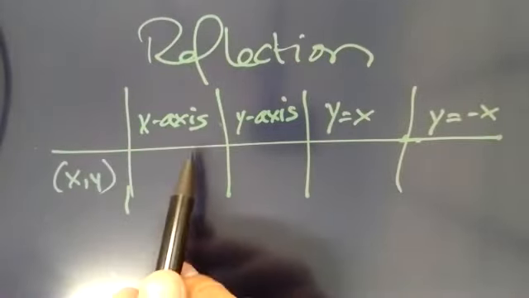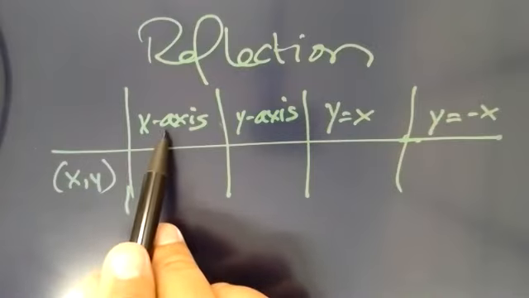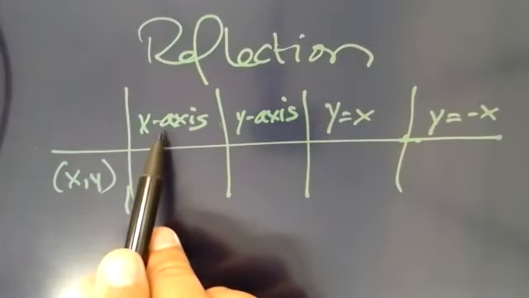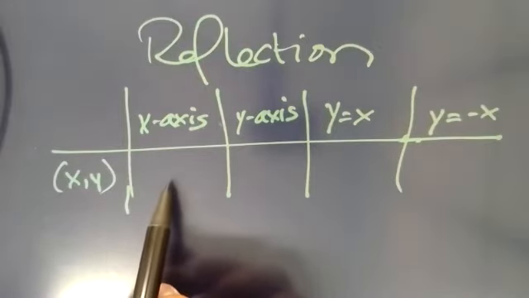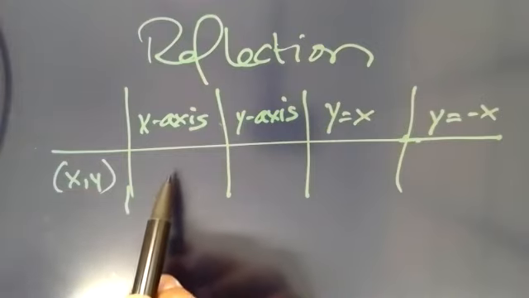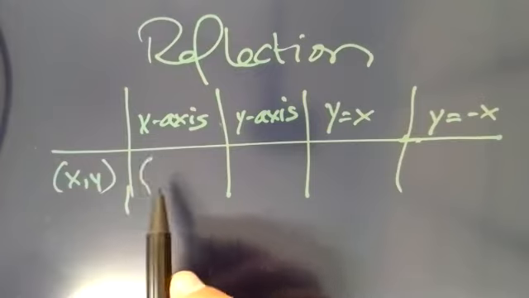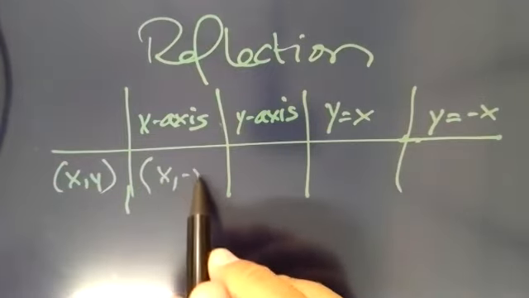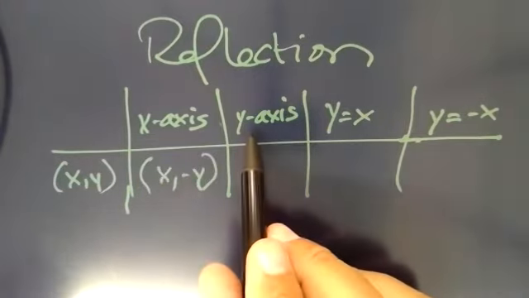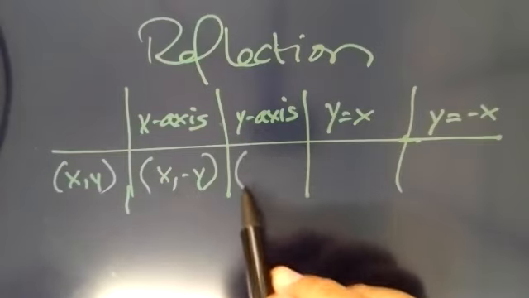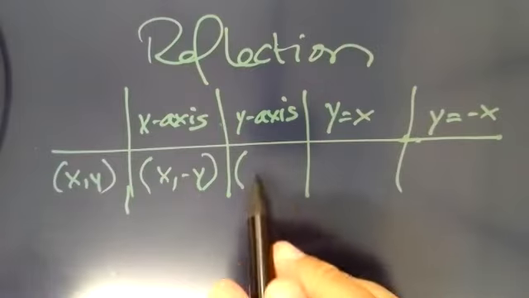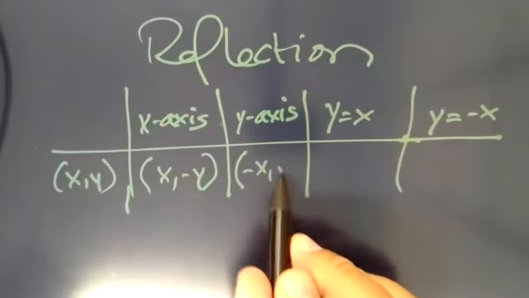We talked about this earlier, which if it's a reflection over the x-axis, what's my new coordinate going to be? X comma negative y. Very good. If it's a reflection over the y-axis, what is my coordinate going to be? Negative x comma y.